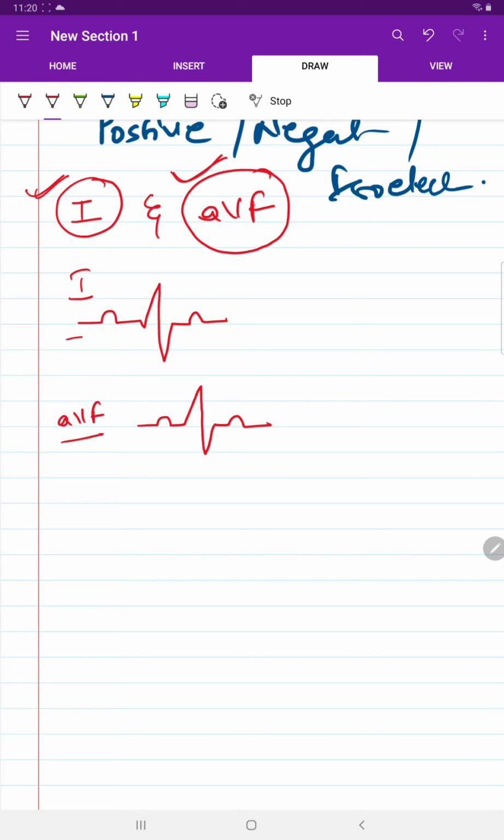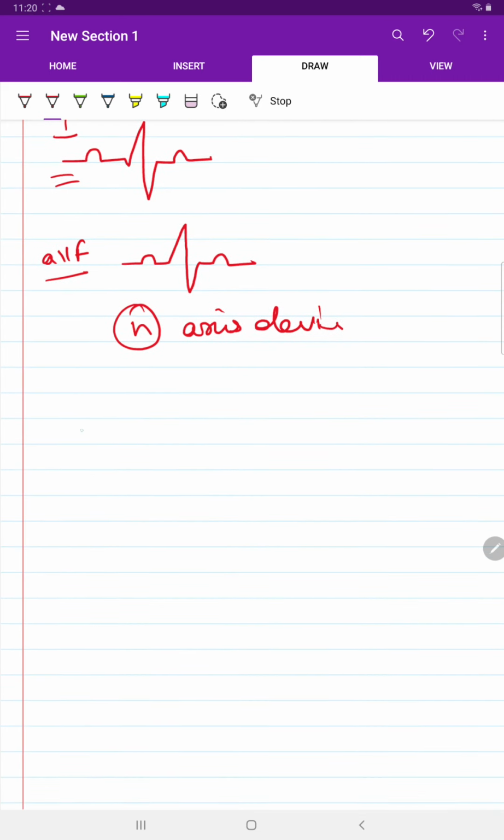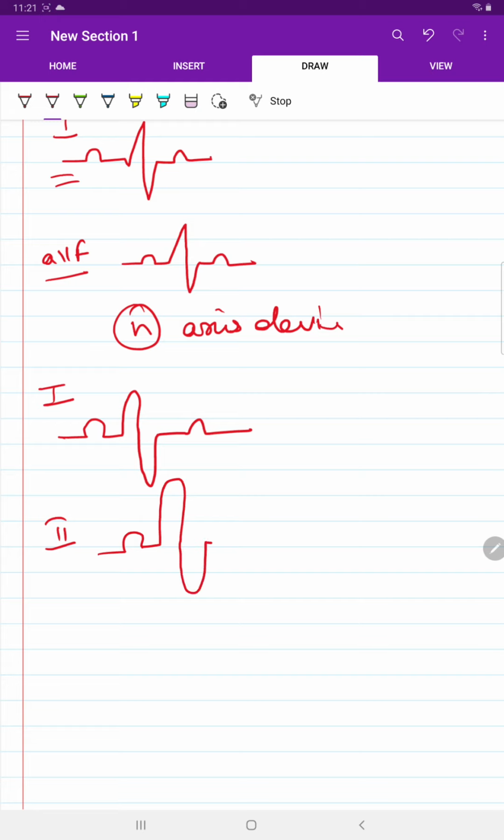Everything is the same, so this is normal axis. Now coming to this, this is in lead 1, lead second, this part is more.